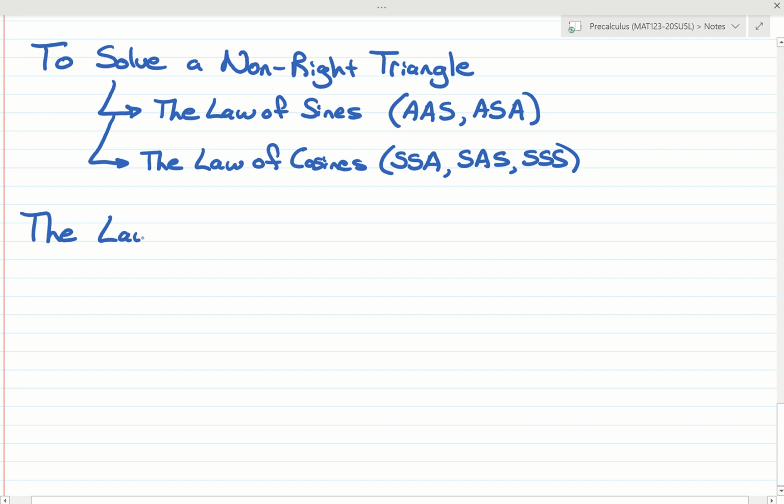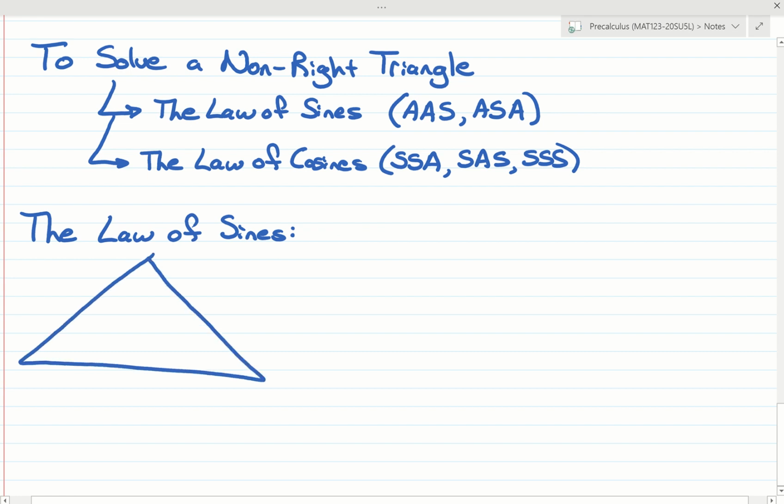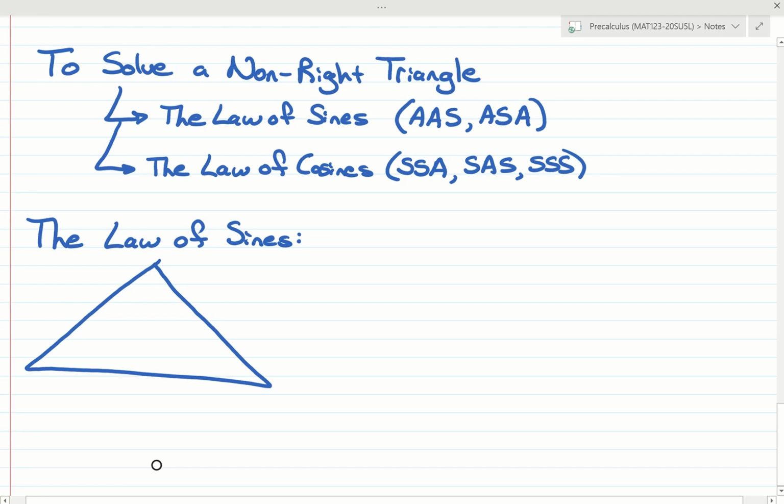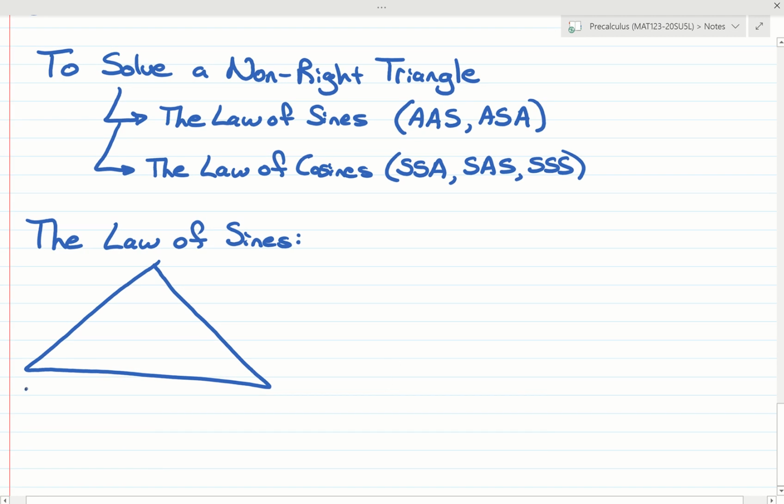What the law of sines says is that if you have any kind of triangle, this works for right triangles, this works for a non-right triangle. Let's label our triangle A, B, C. The sides opposite those angles get lowercase letters.